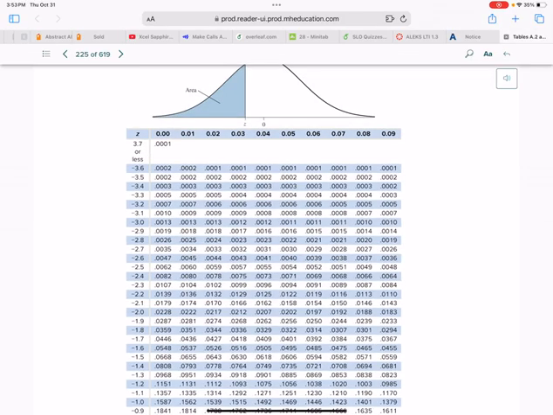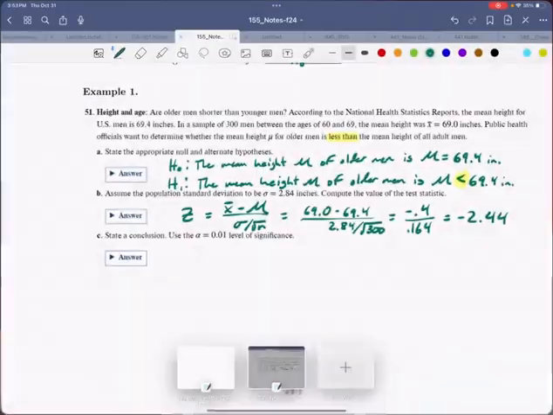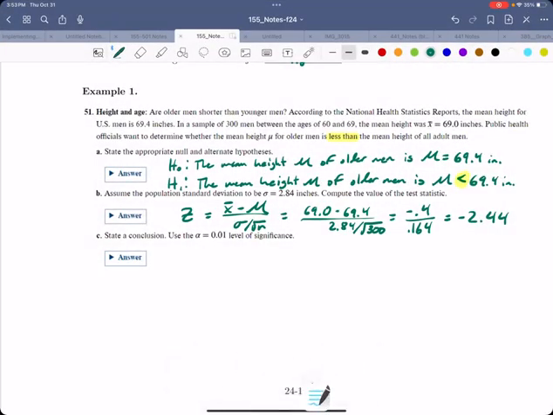So we're right here. 0.0073. All right. So P equals 0.0073, which is less than alpha, which equals 0.01. Do we see that? See, here I'm getting alpha equals 0.01.